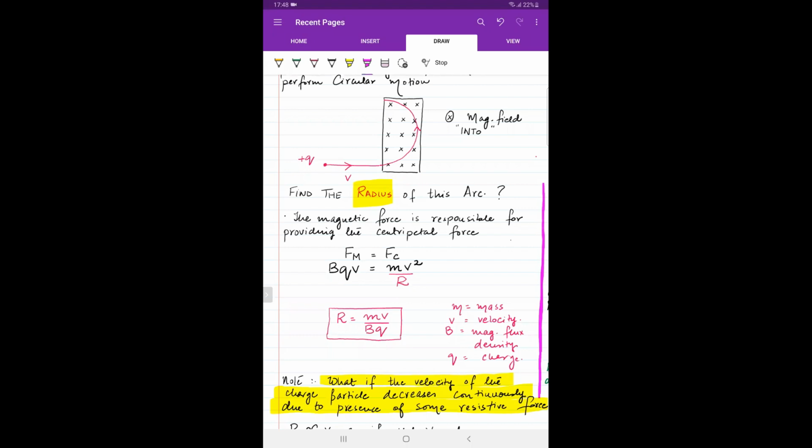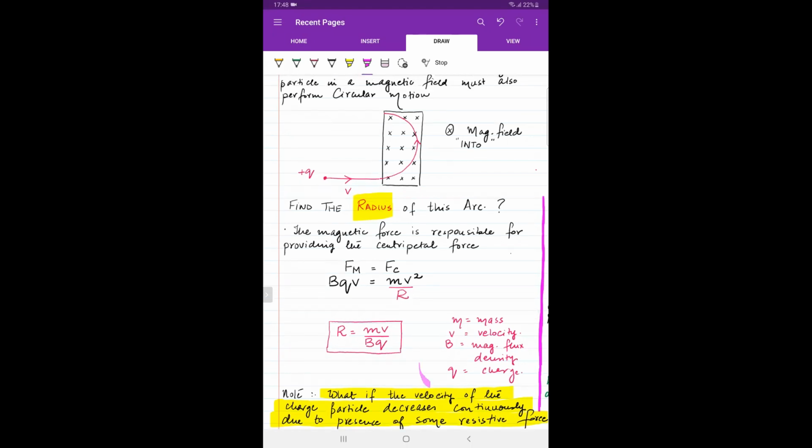I'm sure you'd appreciate that if a resistive force causes the velocity to decrease continuously, then assuming all other factors are constant, a reduction in the velocity is invariably going to affect the radius as well.